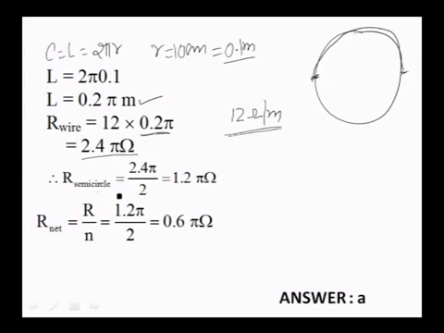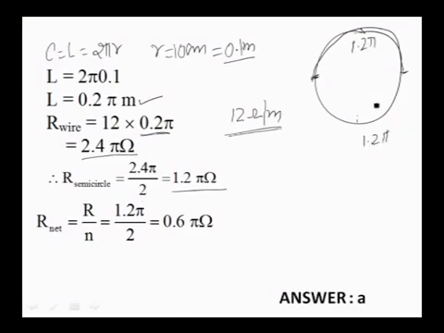Resistance of the semicircle is the total resistance divided by 2, because these are identical semicircles, that is 2.4 pi divided by 2, which is equal to 1.2 pi ohm. This is equal to 1.2 pi and this is also equal to 1.2 pi.